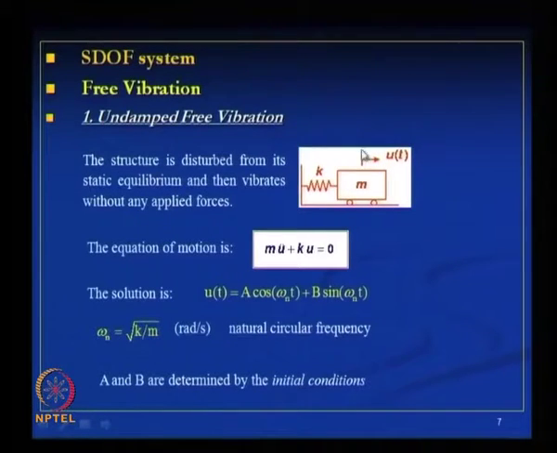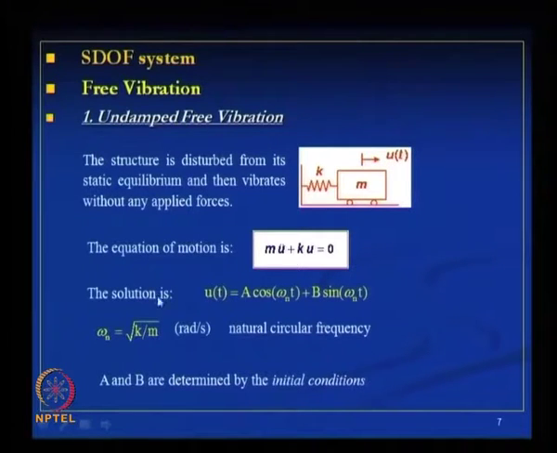For that, the response or the displacement of the single degree of freedom is u of t, and the governing equation of motion can be written as m u double dot plus k u equals 0. c and p of t are not present.